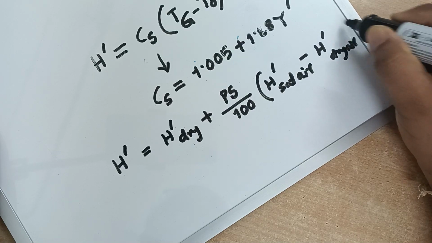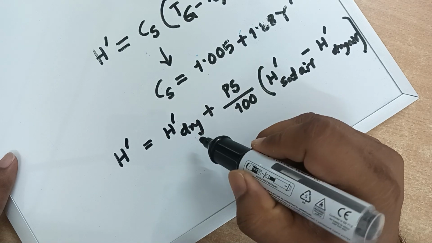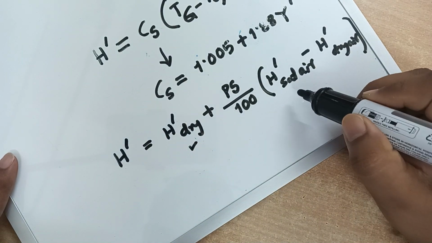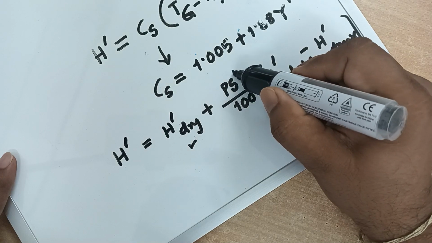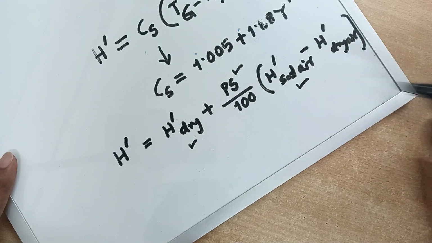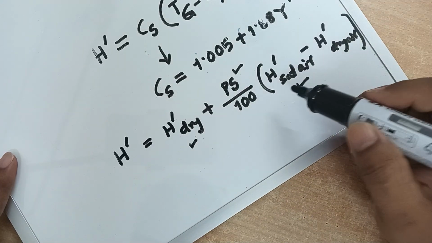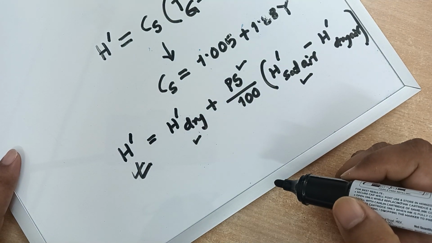This is the formula. So using the psychrometric chart, you have calculated enthalpy of dry air, you know enthalpy of saturated air, and percentage saturation you have also calculated, corresponding to point B, as I have just shown. Put in all the numbers and you can get the value of enthalpy of the air water vapor mixture.